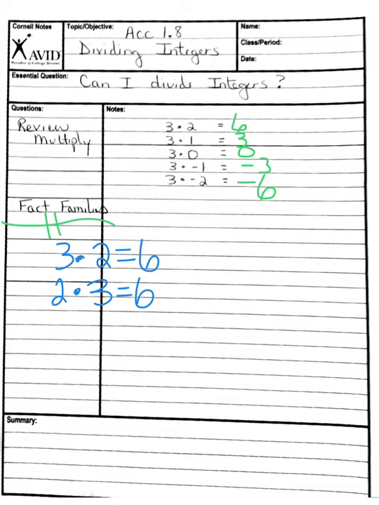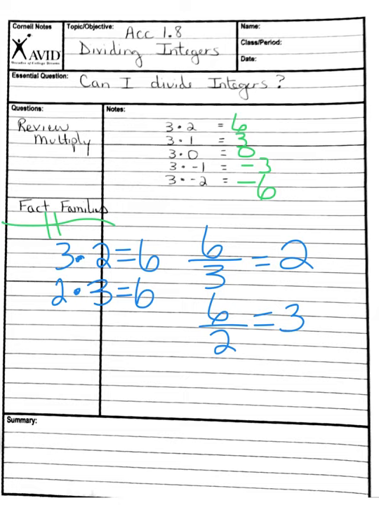But to complete our fact family here, the opposite operation of multiplication would be to divide. And we could take our 6 divided by 3, and we could get a 2. But we could also take our 6 divided by 2 and get a 3.